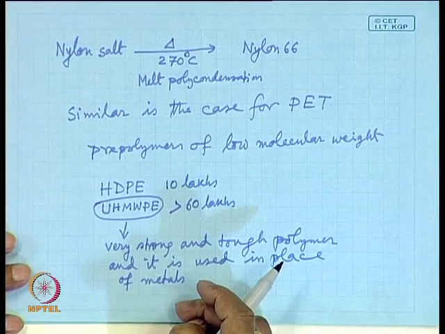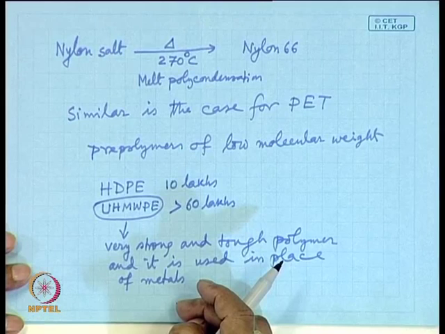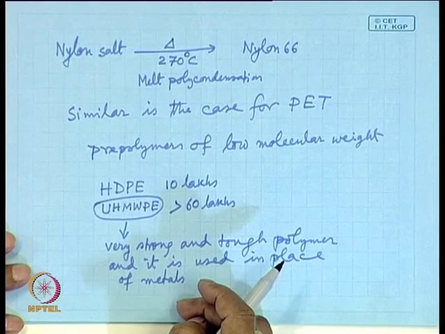By increasing the molecular weight, you can increase the mechanical properties, mechanical strength, but not always, because the properties level up beyond a molecular weight. So, there is no necessity of synthesizing very high molecular weight, because that will be difficult to process, is not it?